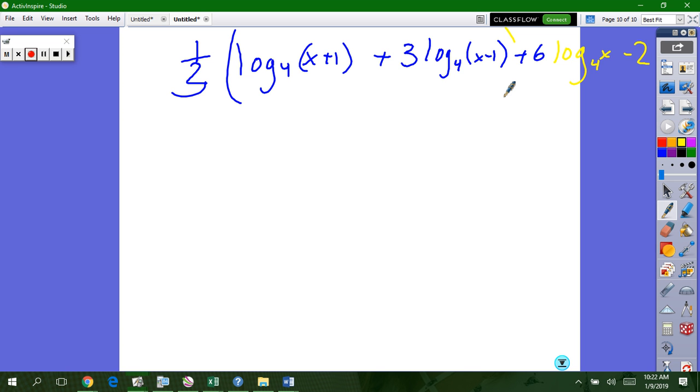You can't read it? It's plus 6 log base 4 of x. Is that better? Minus 2 is a whole separate thing. Okay, here we go. You ready? Hip, hip, hooray!